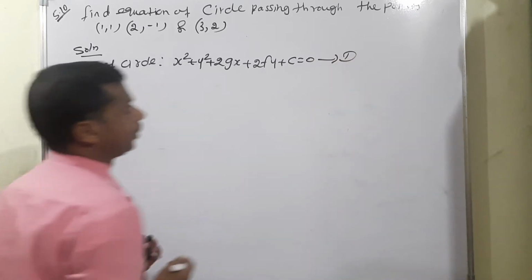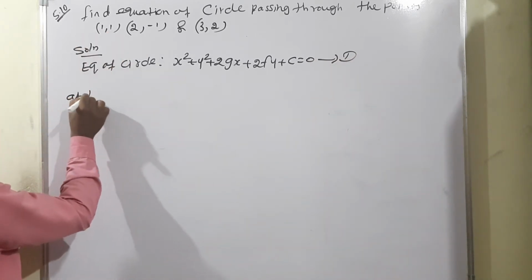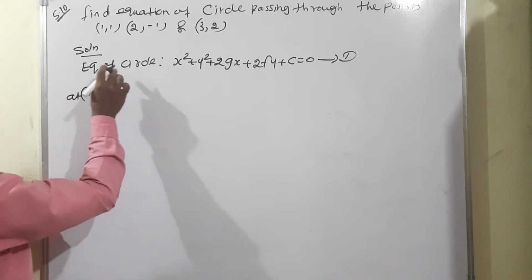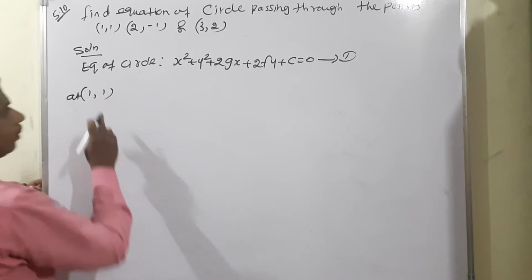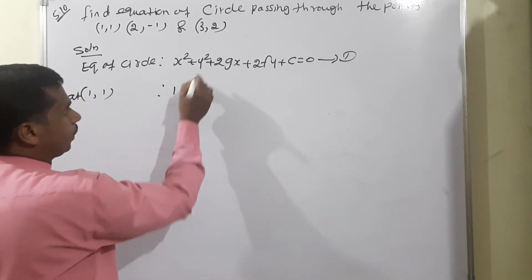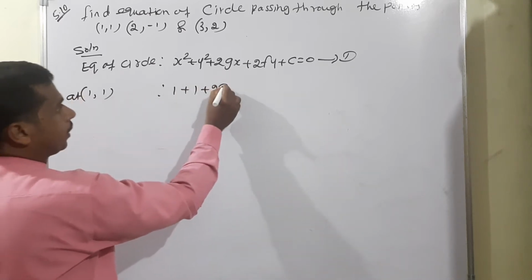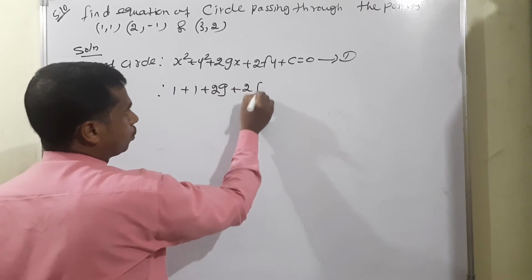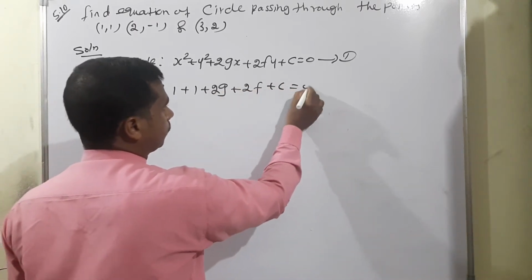Consider this as equation number 1. The first point is 1 comma 1. What will happen? Instead of x take 1, instead of y apply 1. So 1 square means 1, plus y square, again 1 square means 1, plus 2g into 1 means 2g, then 2f into 1 means 2f, plus c is equal to 0.